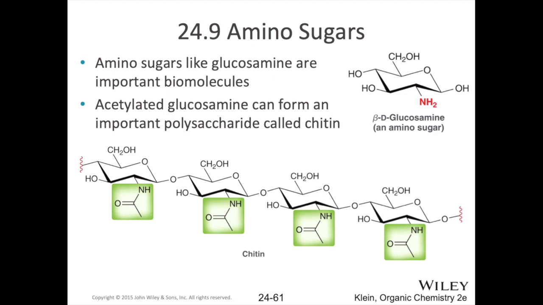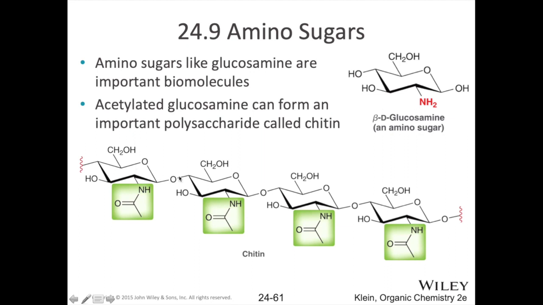Another variation of these sugars is to swap out an alcohol group for an amine group. So when we do that, we call those amino sugars. So for example, here we have glucosamine, which just has one of these alcohol groups swapped out for an amino group. All right. Now, if you take a glucosamine and acetylate it, basically we form amides here.